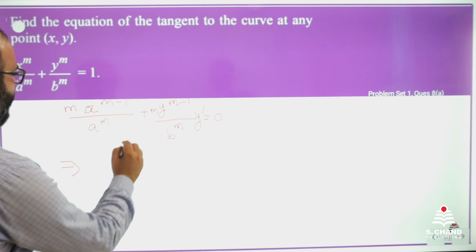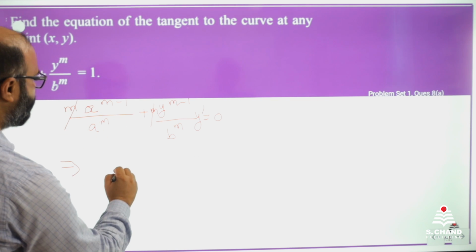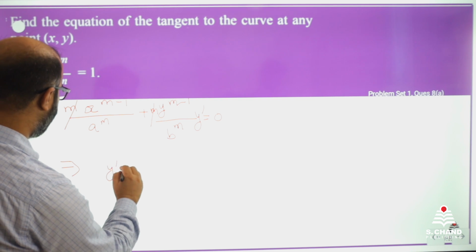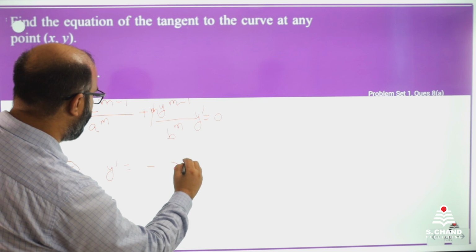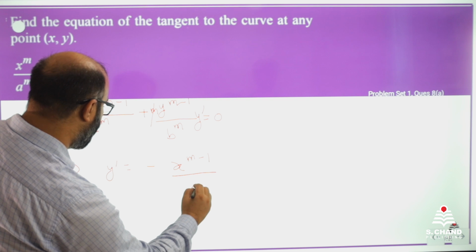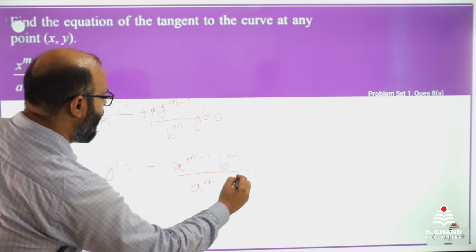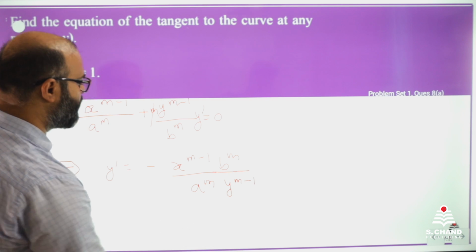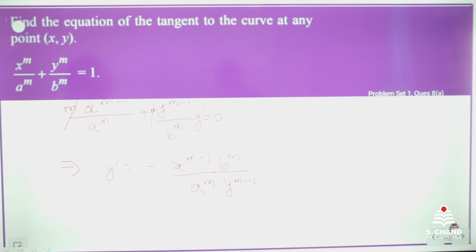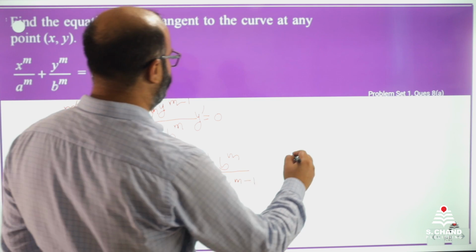Then we have m getting cancelled, and y dash is equal to minus x to the power m minus 1 by a to the power m into b to the power m by y to the power m minus 1, like this. So this is the slope of the tangent. Now equation of the tangent to the curve.